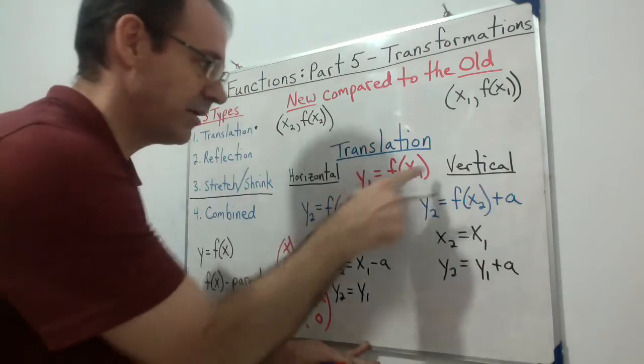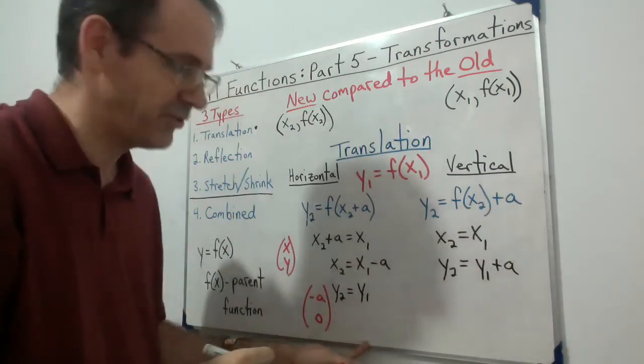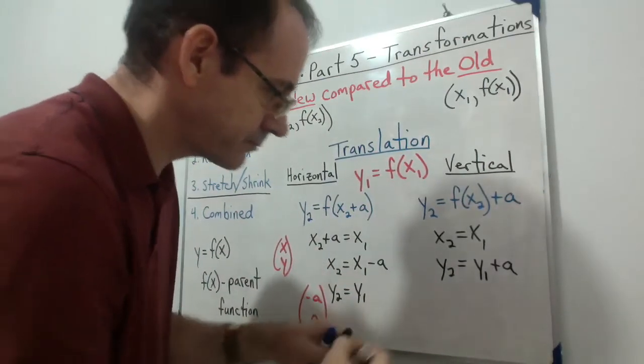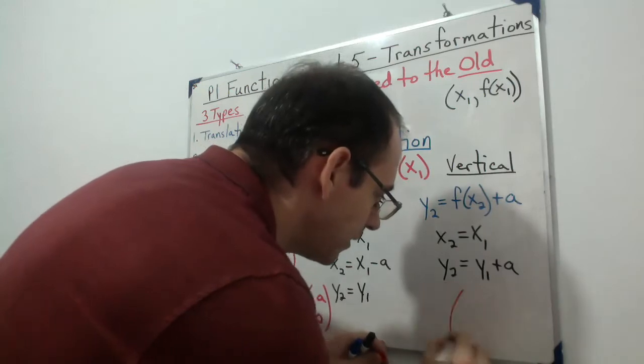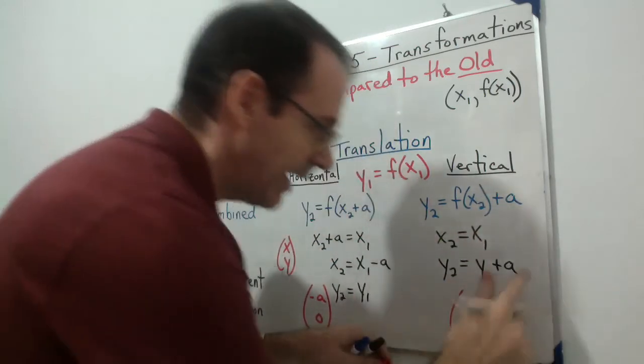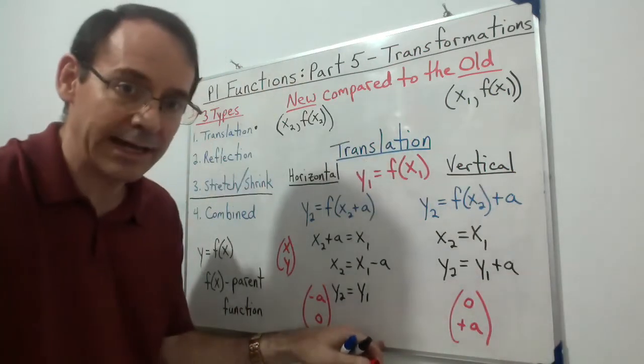So in other words, you took the function from here and all you did is added a to it. This gives us a column vector of no change for the x and a plus a for the y.